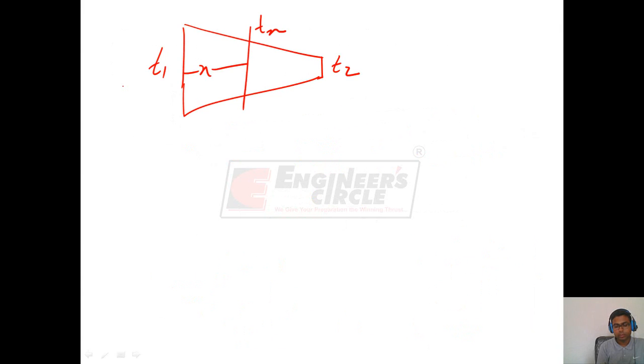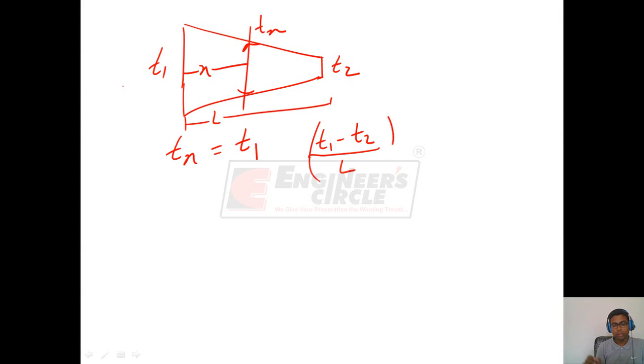Now if we consider the thickness, this is thickness T1, this is T2, and at any location x this thickness is Tx. Considering the variation of thickness as linear, we can write thickness Tx as initial thickness T1. The change of thickness over length L is (T1 minus T2) by L. Therefore, change in thickness over distance x will be (T1 minus T2) by L into x.